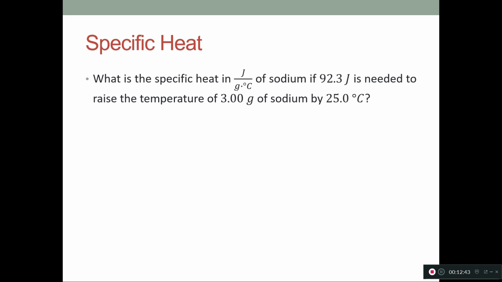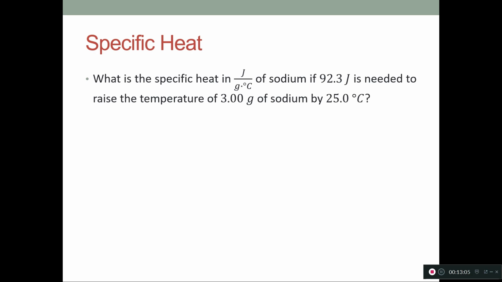Another practice problem here: what is the specific heat in joules over gram degree Celsius of sodium if 92.3 joules is needed to raise the temperature of 3 grams of sodium by 25 degrees Celsius? I'll let you work on this before I show the answer.